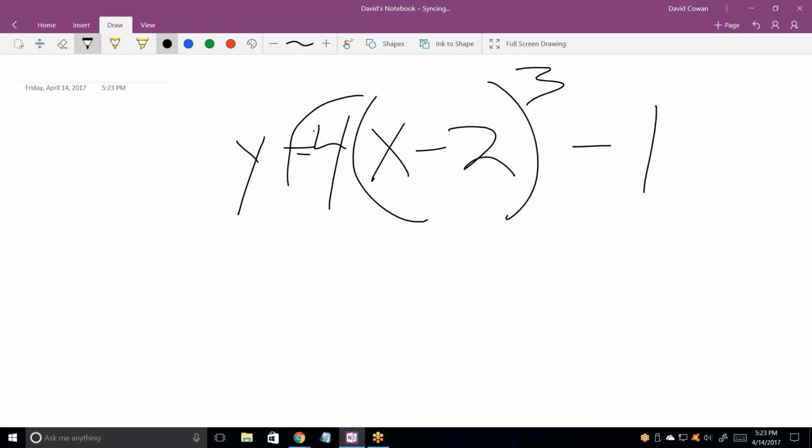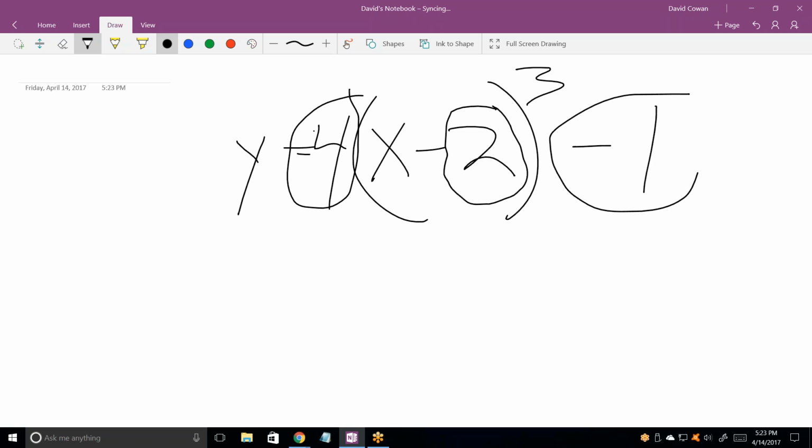This 4 is a vertical stretch. This 2 is a horizontal shift to the right by 2 units. This minus 1 is a vertical shift down by 1 unit. That's it. The basic function is y equals x cubed.